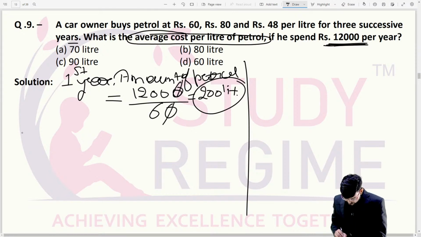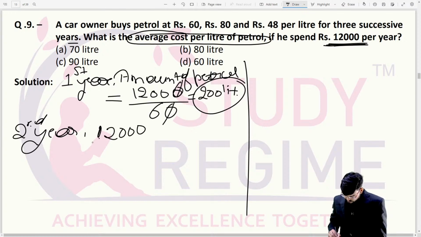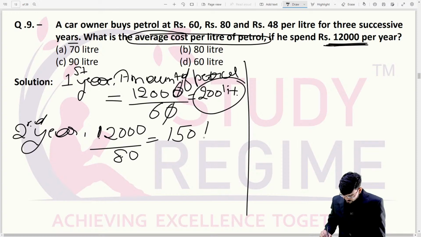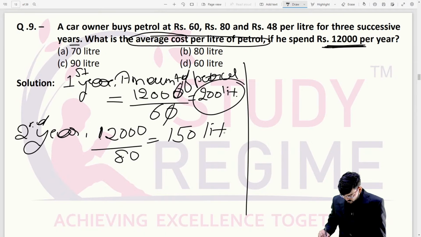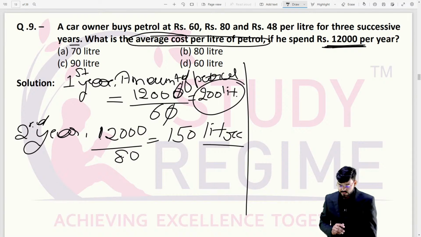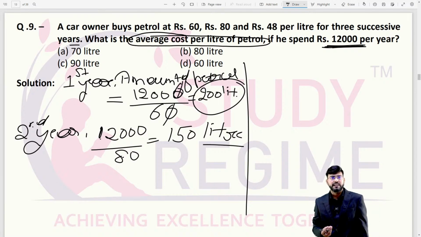Now likewise I will calculate it for the second year. I just have to divide 12,000 by 80. It gets cancelled out, I will get 150 liters. This is the quantity which has been purchased in the second year.